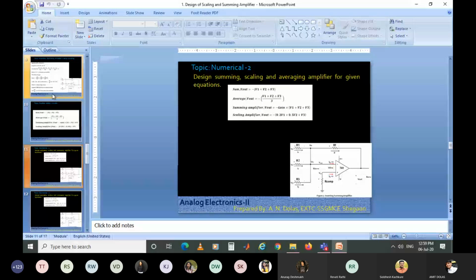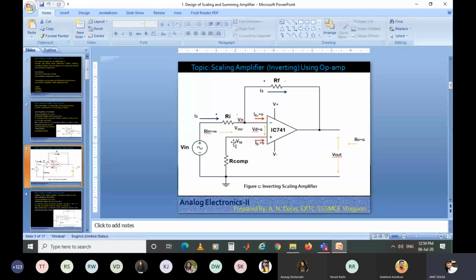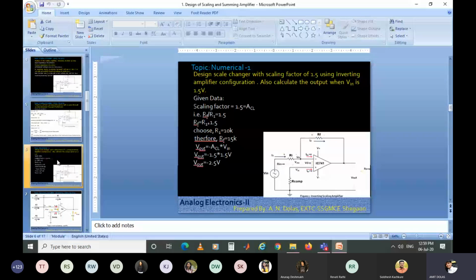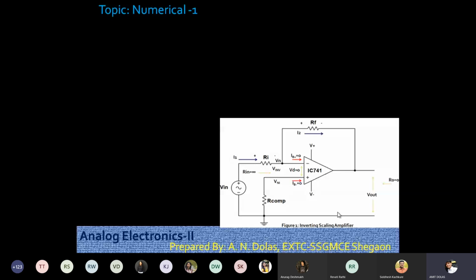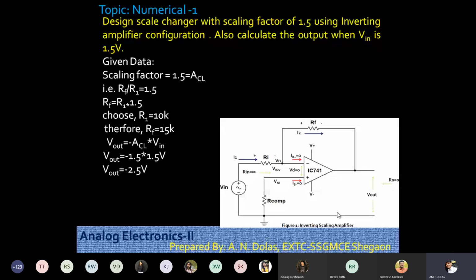Here, our numerical is there. What is the value of RF? RF value is 15K.